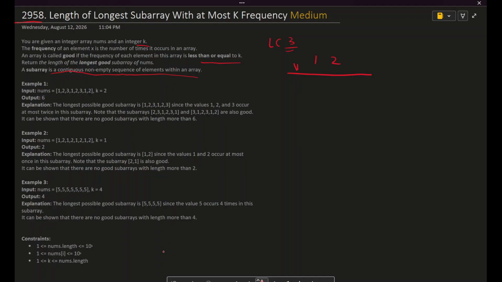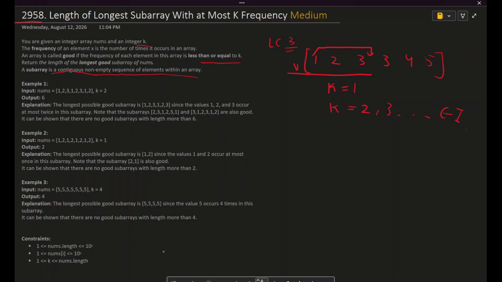So suppose this is an array we are given, so the length of distinct elements will be like this. So we can say in that question the at most k frequency was equal to 1. That means for each element the frequency was 1, but in this question we can have a frequency of 2 or 3 or any integer.